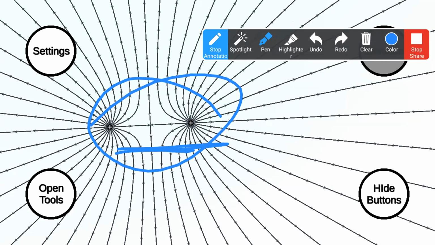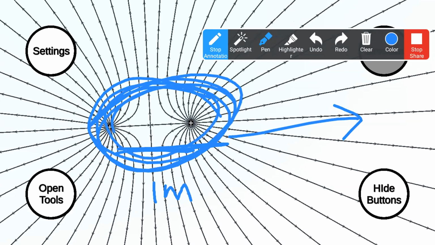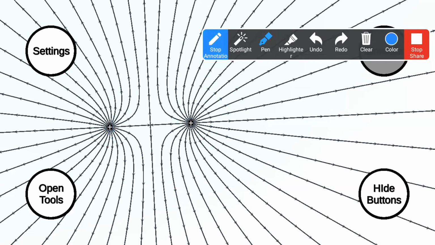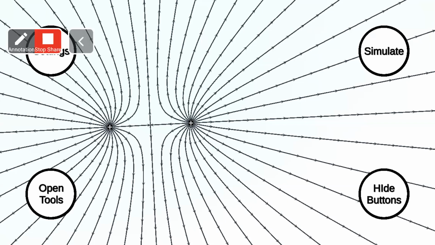Say these charges are separated by 1 meter, and you are observing from 10 kilometers. How will it look? You will think of it as the same charge. The 2 charges are clubbed together. That's why I'm drawing an imaginary surface somewhere far away.